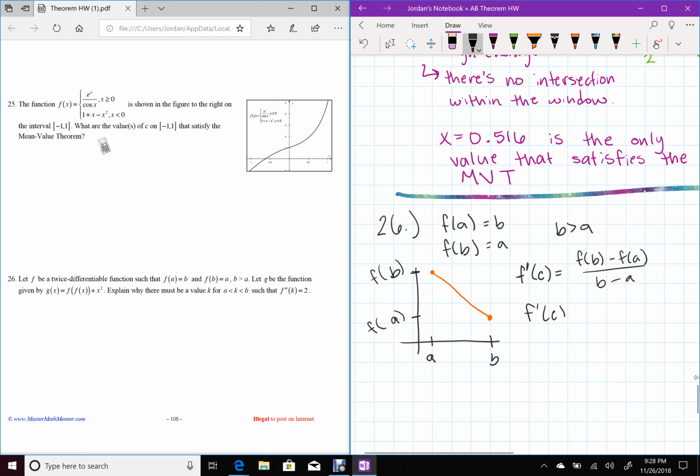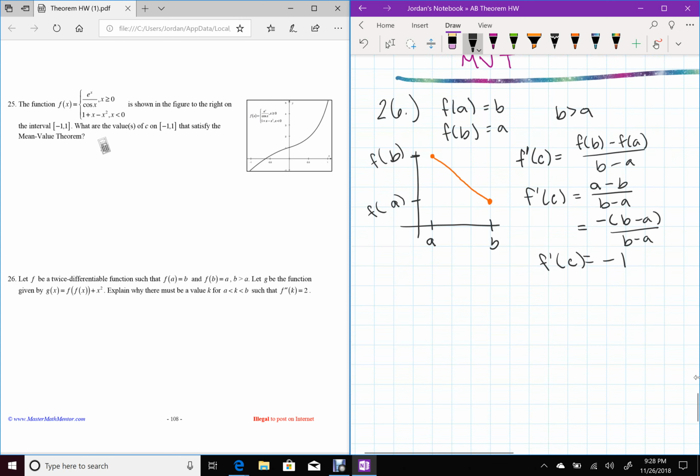So f prime of c equals f of b, which is a, minus f of a, which is b, over b minus a. If I factor out a negative out of the top, I have b minus a over b minus a, which equals negative 1.